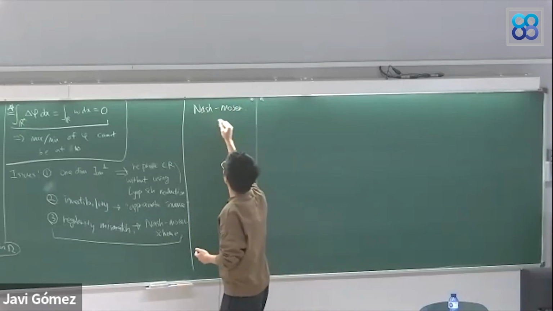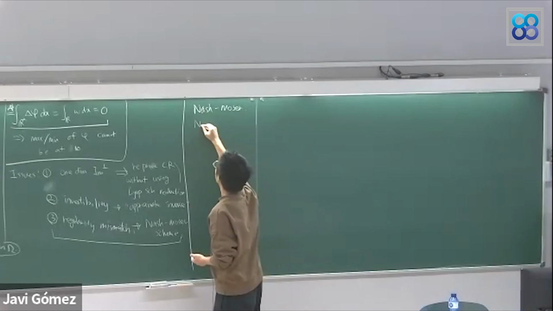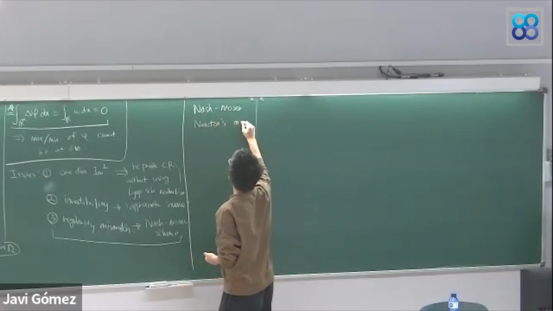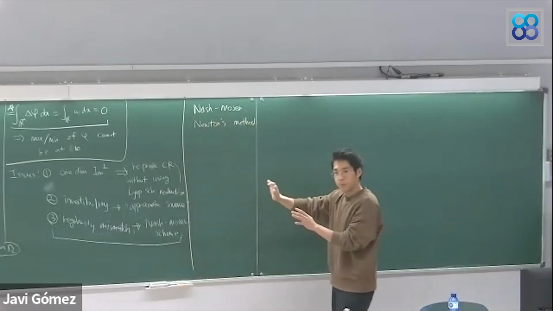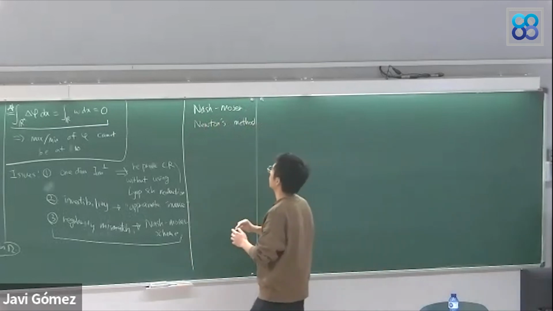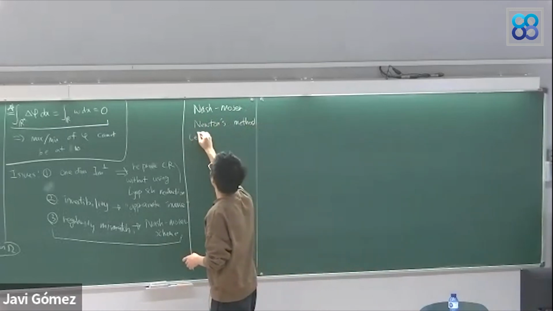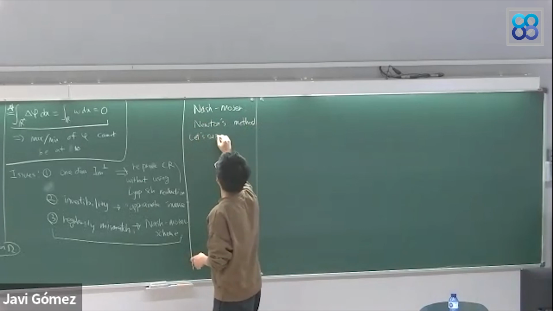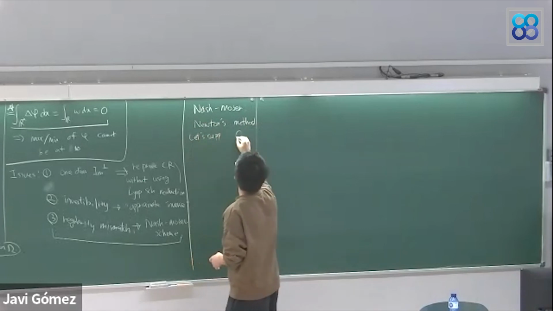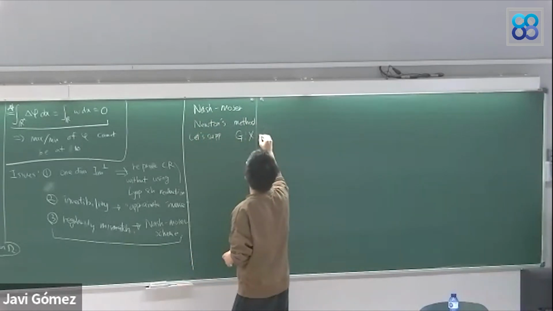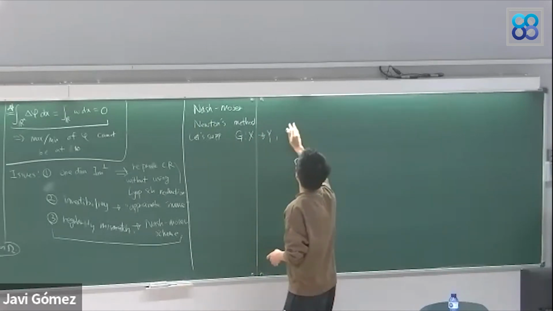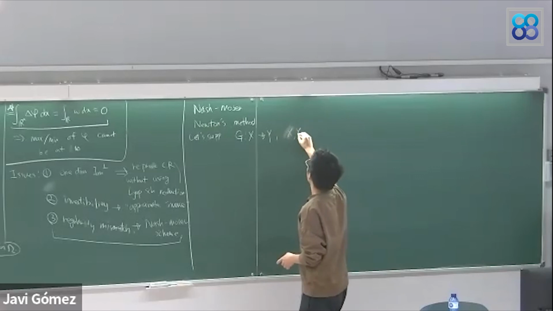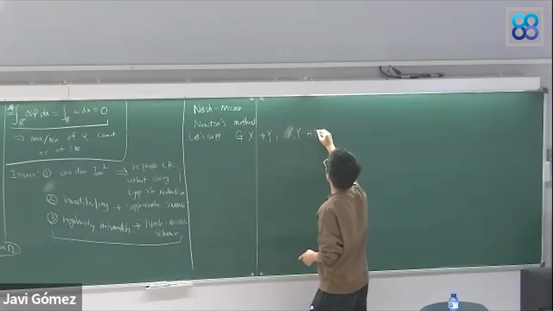Before going to Nash-Moser, let's recall Newton's method. It's one of the most basic ways to find the zero of a function. So let's suppose we have a function g from some function space X to Y. Here, X and Y are Hilbert spaces.